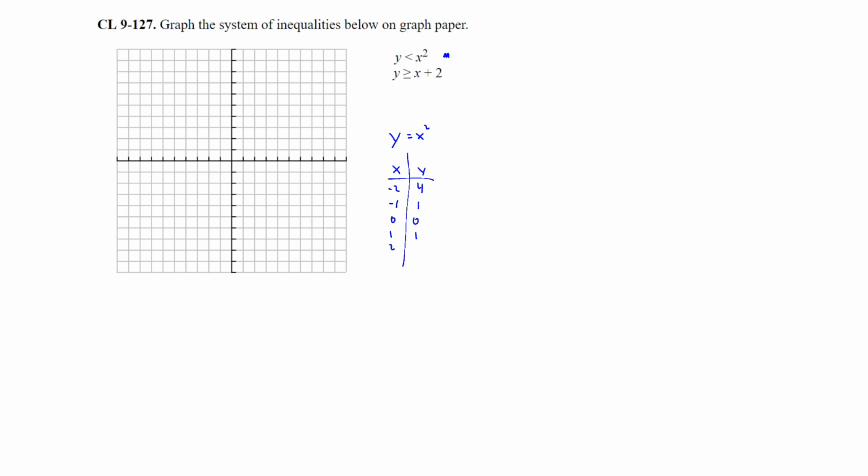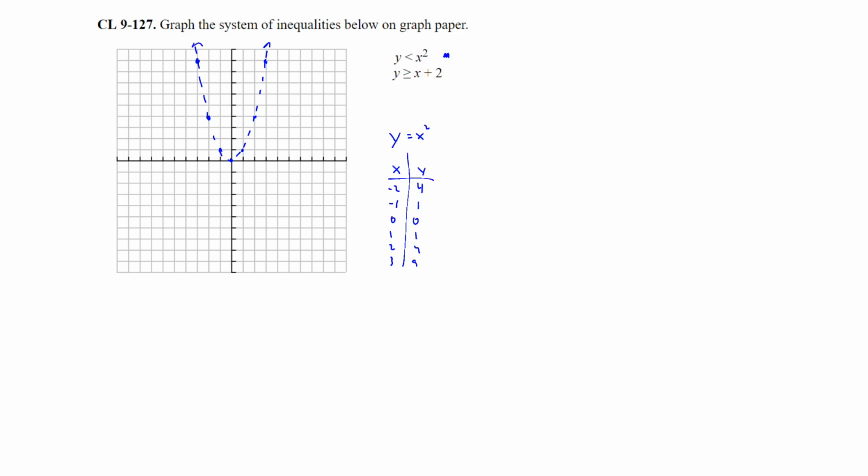You're going to see the symmetry pretty quickly, because if you square negative 2 or 2, you get 4. And we could go down to 3, because 3 squared is 9. So let's go ahead and graph that. Negative 3 is at 9. If you square negative 2, you get 4. Negative 1 is 1, 0. And then from there, you can graph. Now it is a dotted line, a dotted curve here.